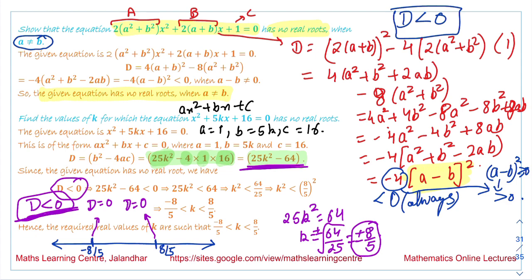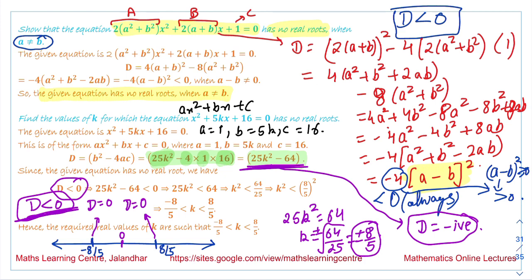So what we do: there is a point over here, say it is 0 on this number line. When we substitute 0 in this equation, we get that the value of d is negative. This is one of the methods to find the solutions.